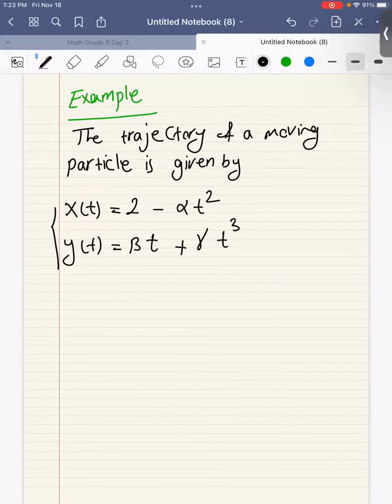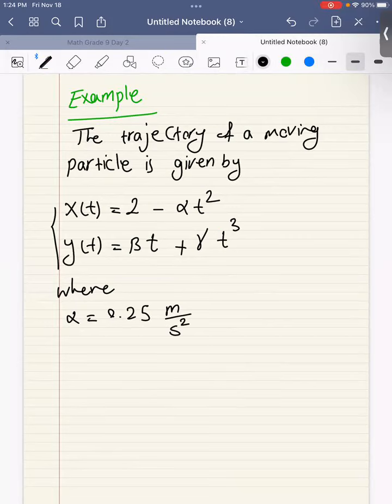So what are the constants? We have three constants, alpha, beta, gamma, where alpha is equal to 0.25 meter per second squared.